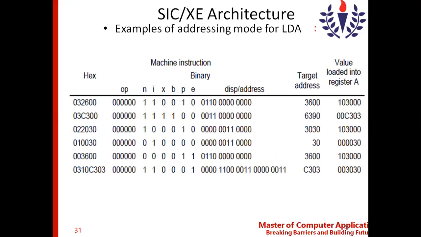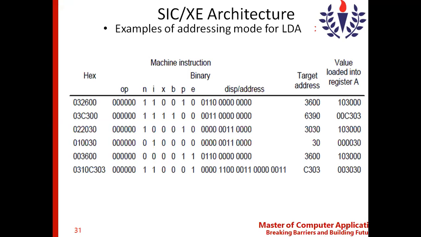So the value loaded into the register A is nothing but 103000. This is how we derive the target address and how we can fetch the value from that particular address. Okay, so this is the calculation of target address. Similar to this, we can do the same calculation for all the remaining procedures based on the bits value.